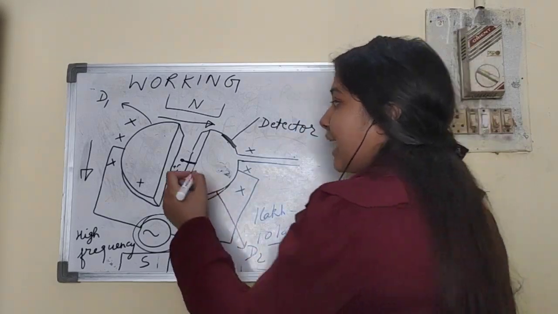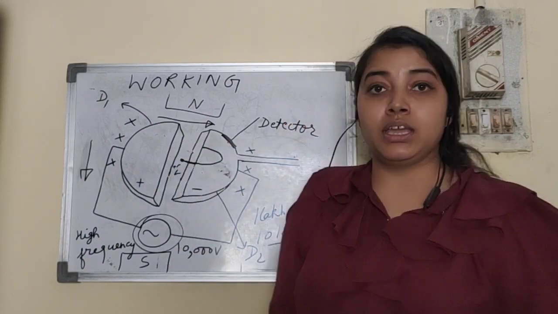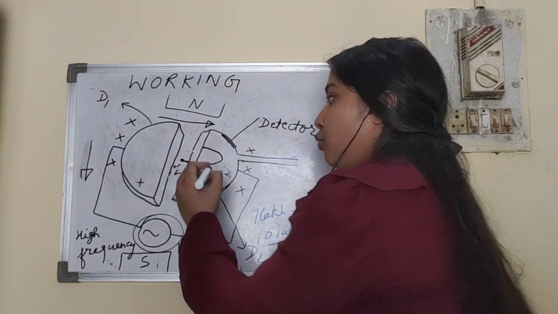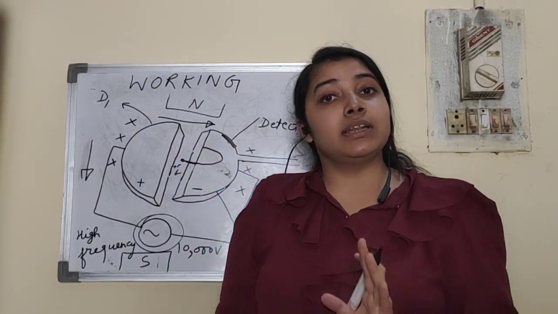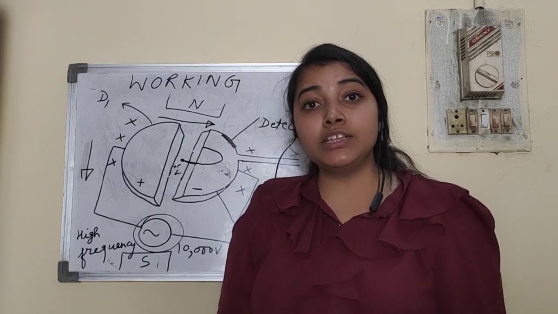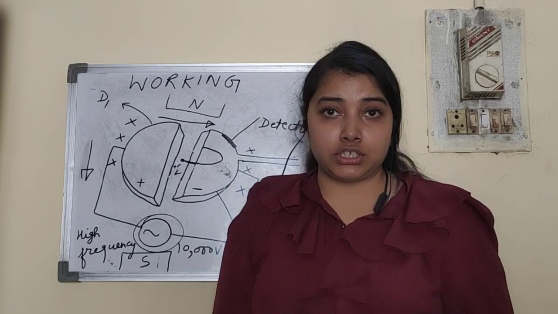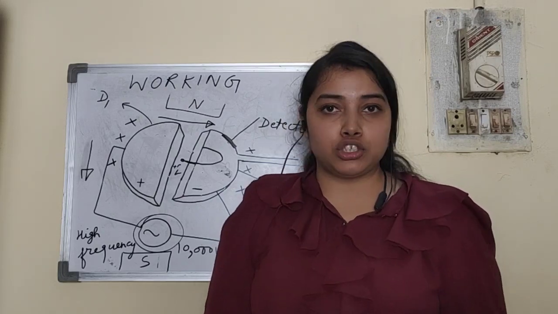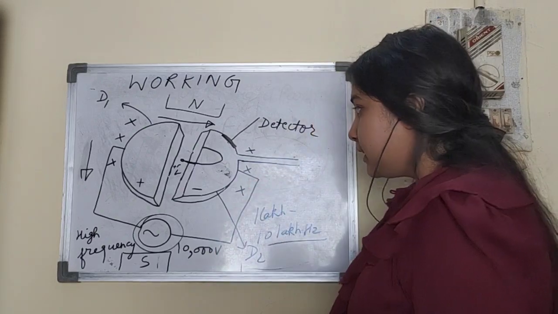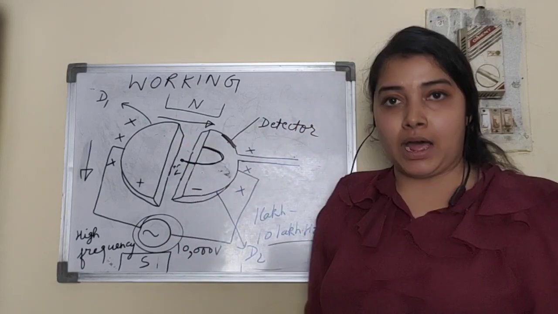So basically inside the container, the charged particle will start moving in a circular path, but the velocity remains constant inside the container because the magnetic field can only change the path of the charged particle but cannot change the velocity. Only the electric field can change the velocity of the charged particle. So basically this charged particle will start moving in a circular path.